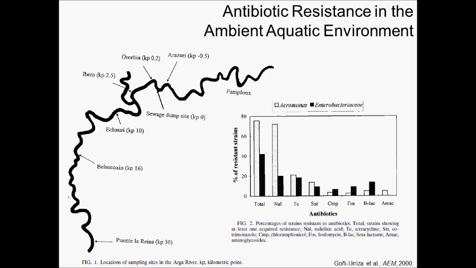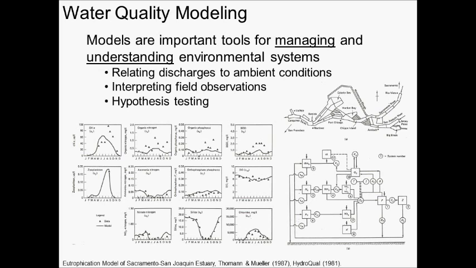So let me switch tacks a little bit and talk about water quality modeling, and then we're going to see how that can be related to antibiotic resistance. Water quality models have been around for a long time in environmental engineering, and they are very well established and accepted as useful tools for management as well as understanding of environmental systems.